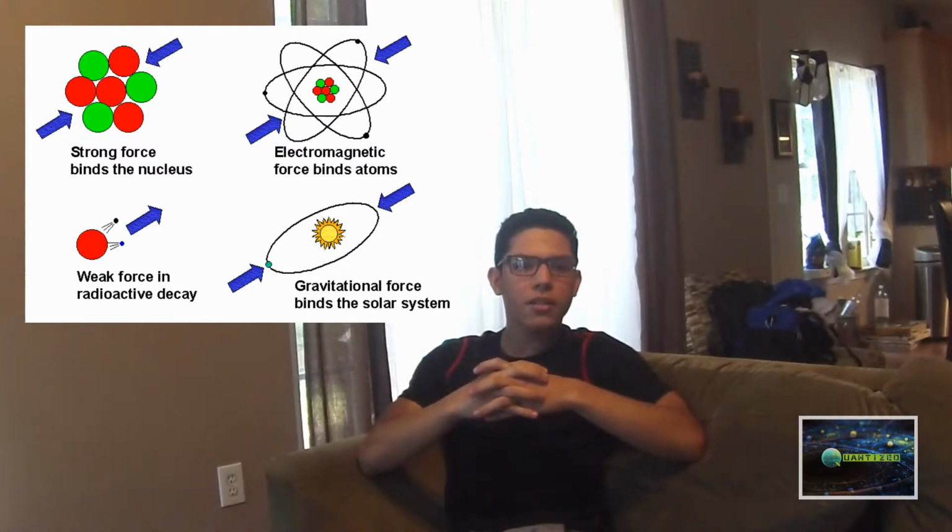The quarks interact with each other through the strong nuclear force. The neutrinos within the lepton family interact with other matter through the weak nuclear force. And the electrons, muons, and tau particles interact through the electromagnetic force.